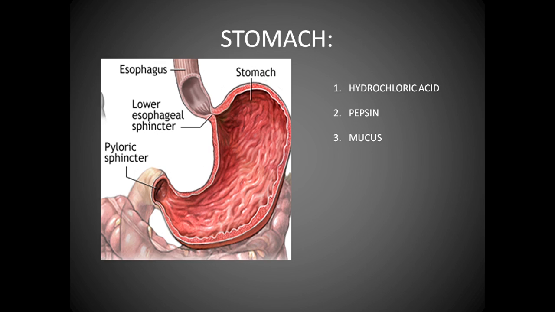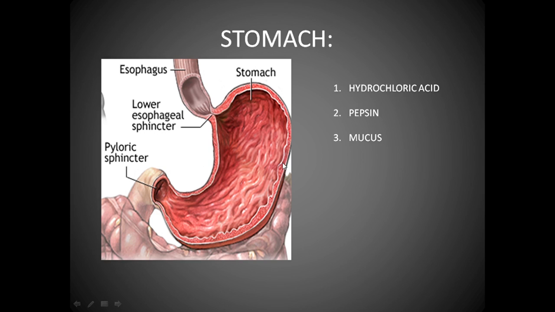Now, what is the role of pepsin? Pepsin will help in partial protein digestion. Then, why is the mucus here? One thing we have to think about is that hydrochloric acid is an acid, and it can, to an extent, affect the lining of the stomach, all the epithelial cells present in the lining of the stomach.